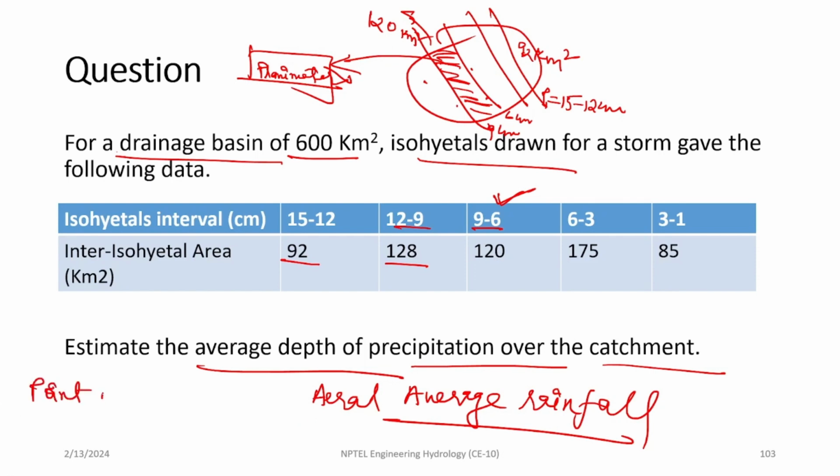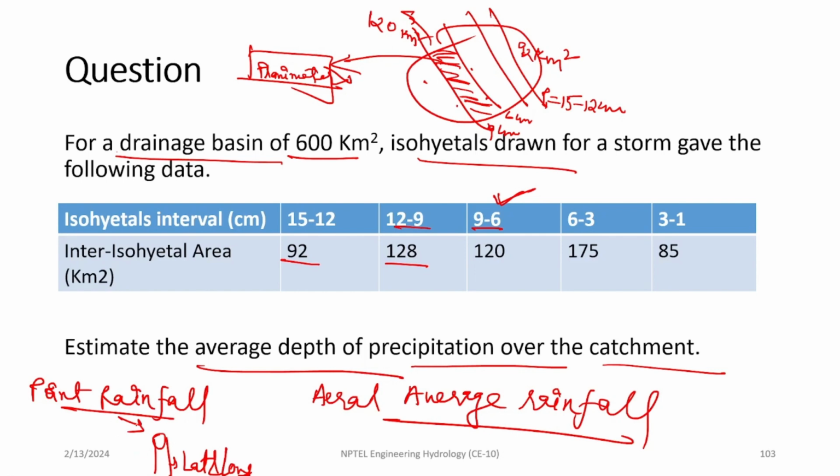Point rainfall is the rainfall intensity at a particular location, in terms of a rain gauge only. You have a rain gauge and you know the lat and long value of this station, so you will get the point rainfall value in that case.